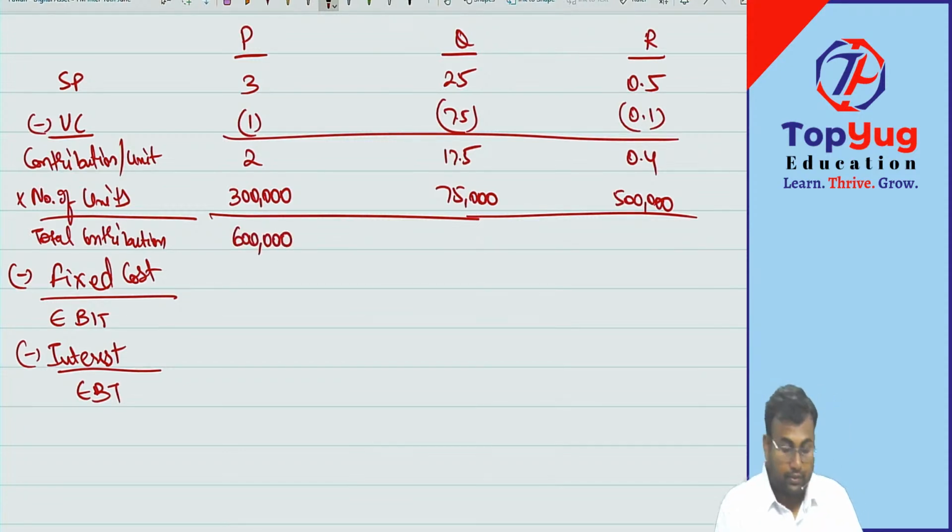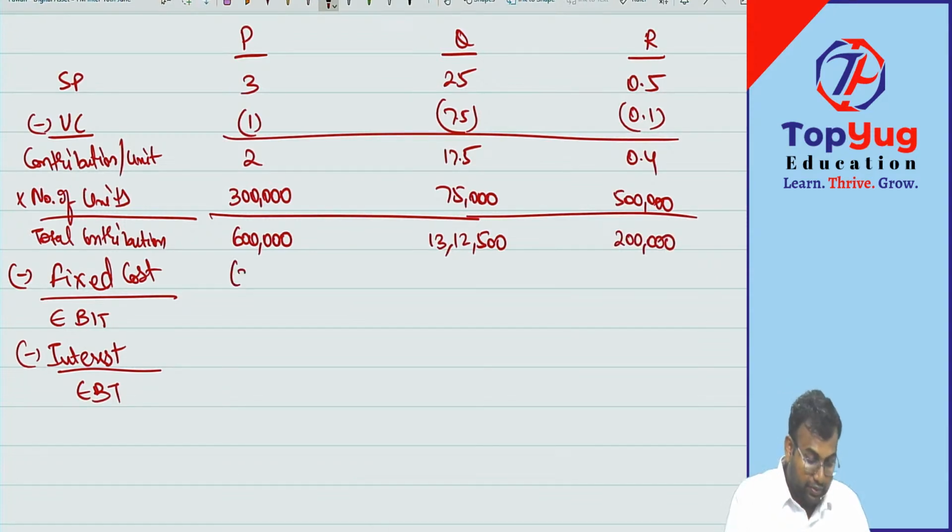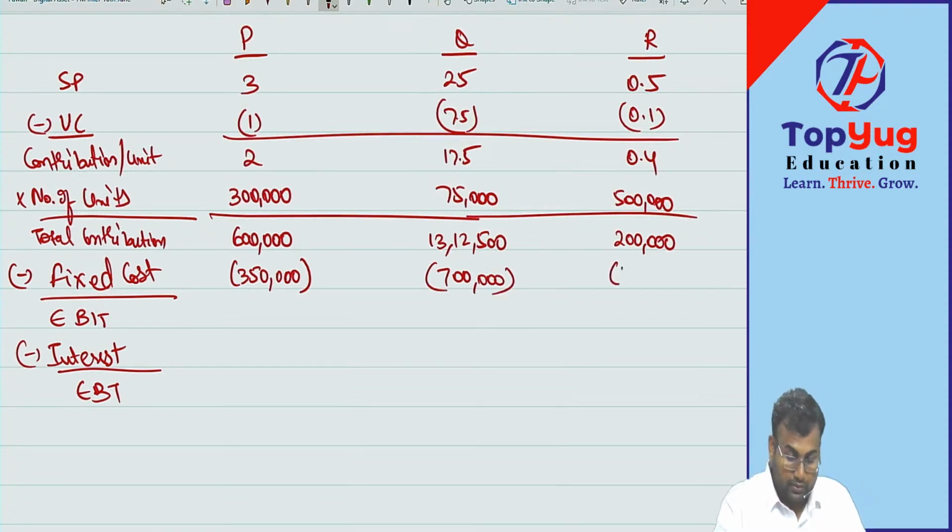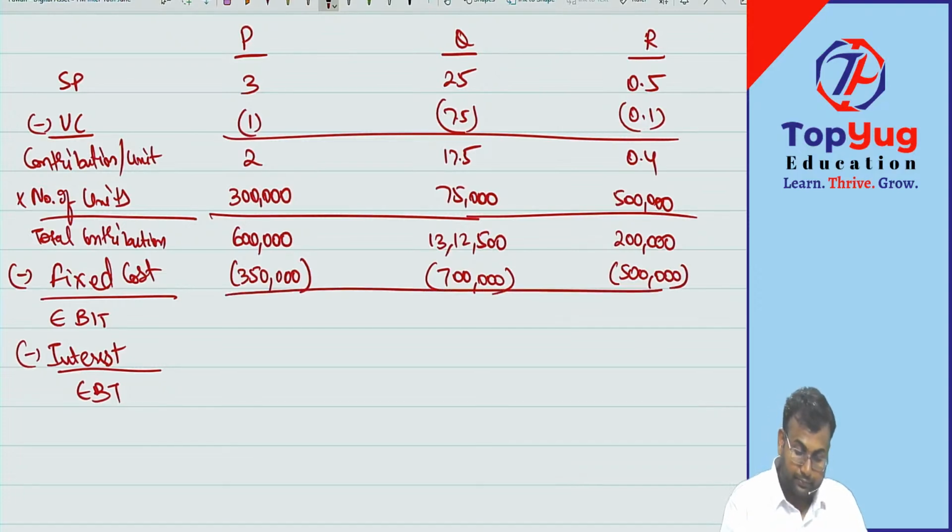Yes, very good. And this would be 2 lakhs, right? Fixed cost is again given to you 3 lakh 50,000, 7 lakhs. So last one is a loss situation. You have interest expense.